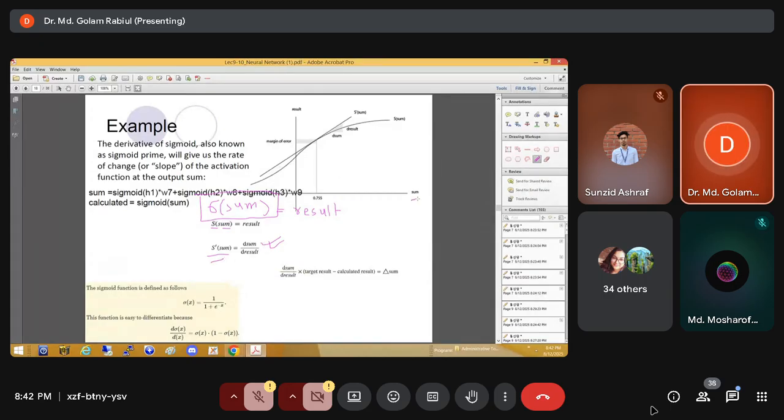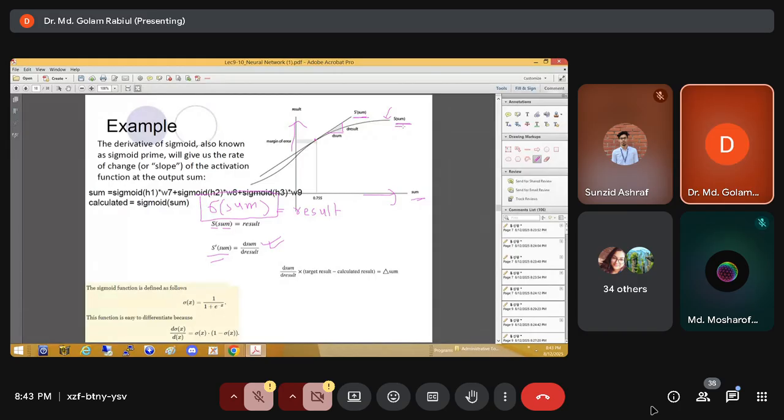If we consider this is our sum and this is our result, and this is our sigmoid of the sum, then we can see this is our d sum and this is our d result. If we draw the tangent, the tangent is the derivative of the sigmoid of the sum.